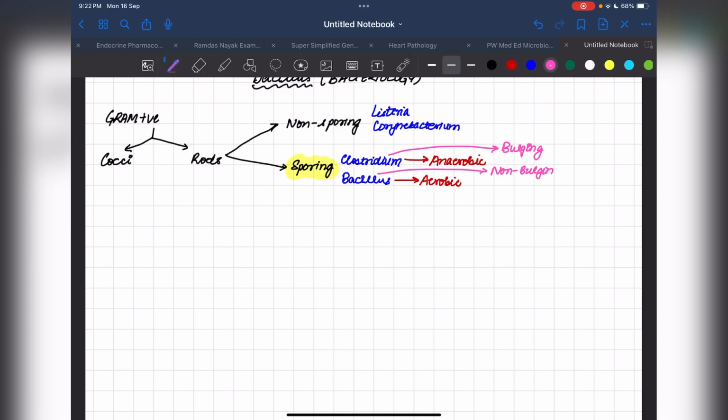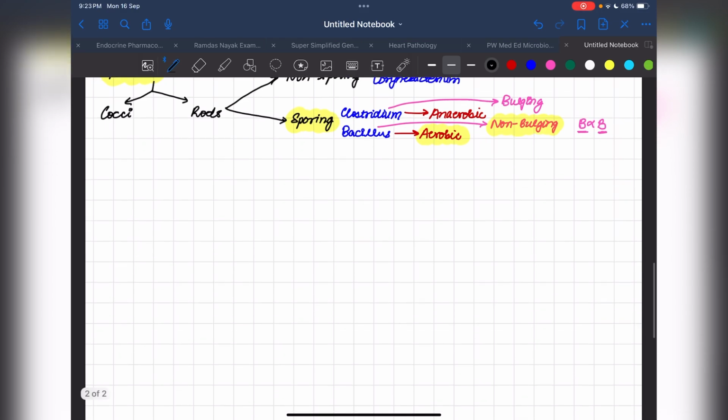How can you remember this? B is not for bulging, so Bacillus forms non-bulging spores. That is an important point to remember to differentiate between Bacillus and Clostridium, the sporing rods under the gram positive category.